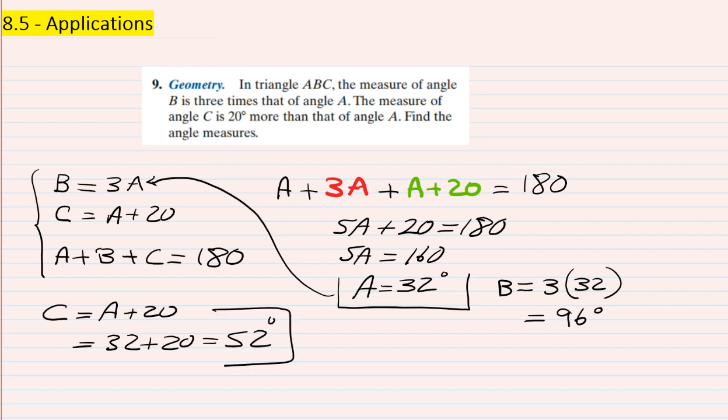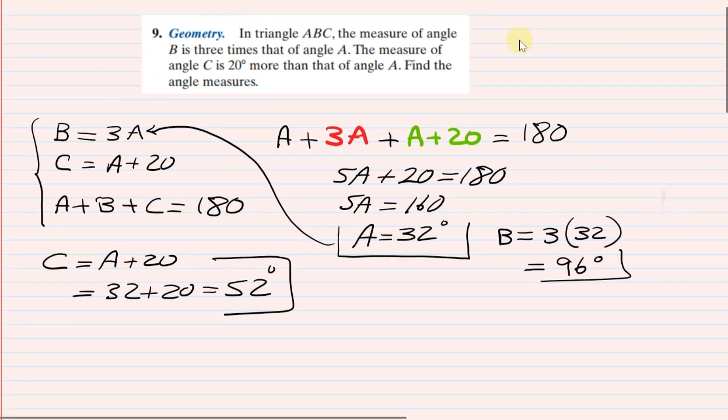And there we have solved the system. So those are the three measures of the angles, A, B, and C. If we add them, clearly they add to 180, right? Because 32 and 52, that's 84, and 96, 180 degrees. And there you have it.